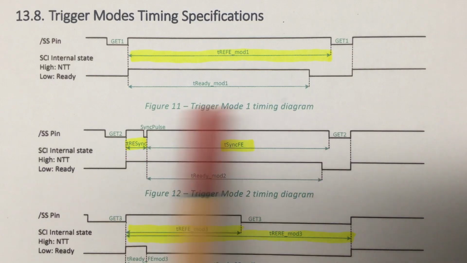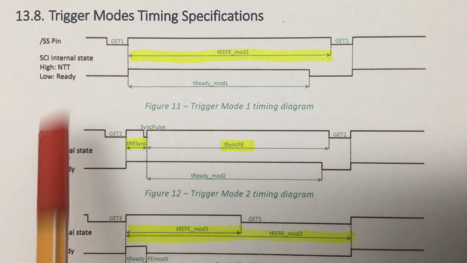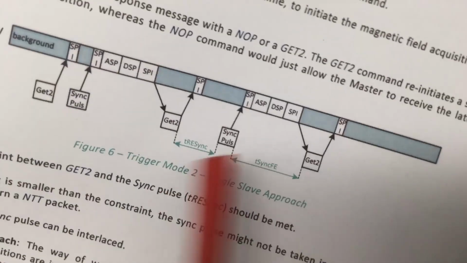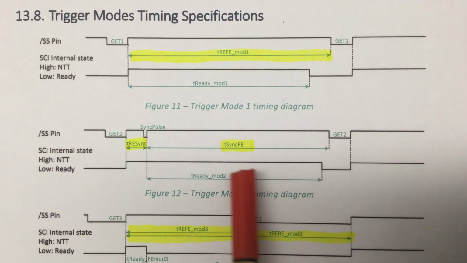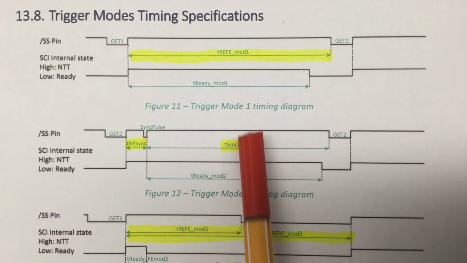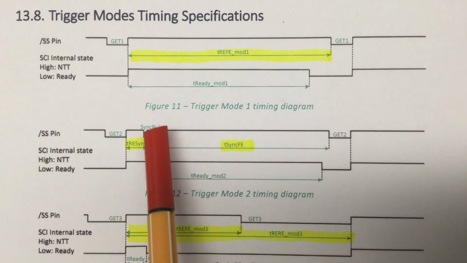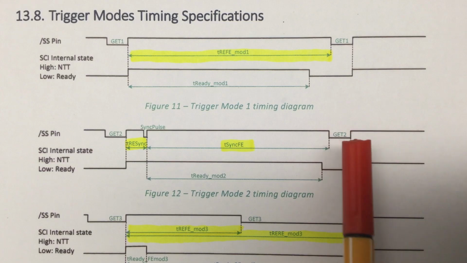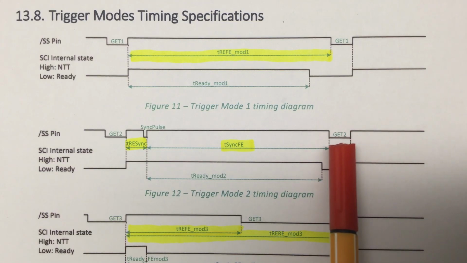I think this is the correct diagram because they were always correct and these were mostly wrong. Anyway, we also have here the T-sync falling edge, so from the end of the sync pulse to the start of the next get2 transaction.